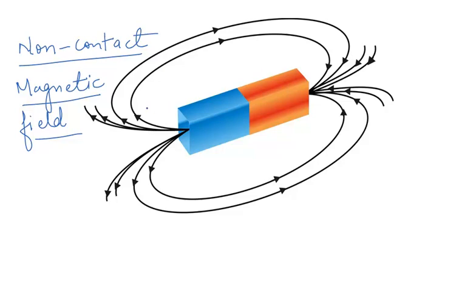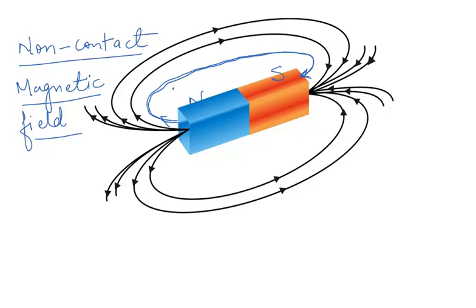Now here I have shown certain arrows. You can see that there is an arrow which is leaving from this pole. Let us say this pole is north and this pole is south. So you have magnetic field lines which start from north and go towards south.